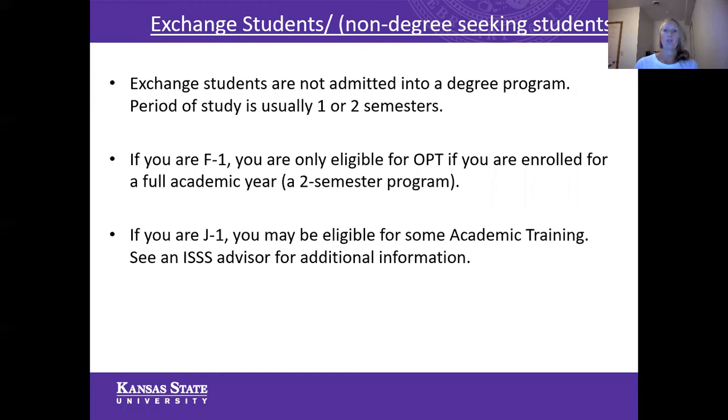There's also the option of non-degree and degree-seeking students under the F status, but there's not as big a difference in the categories under F, so it gets a little confusing. Those coming under exchange programs through our Education Abroad office may come under a 1 or 2 semester exchange and may have an F1 or a J1. There are different restrictions and policies in place depending on what visa type you were on.